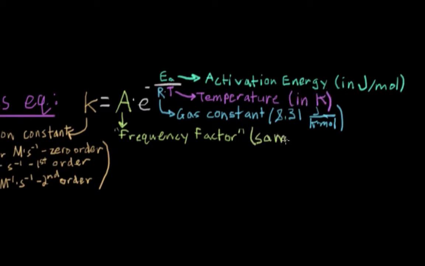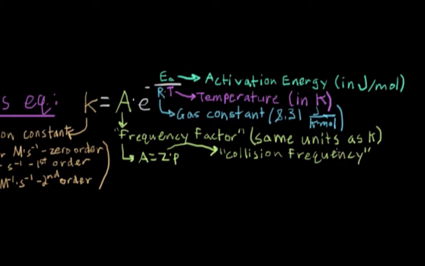And then we have this frequency factor. Frequency factor has the same units as the reaction constant K, and it can actually be broken down a little further. So the frequency factor is A, and A is equal to Z times P. Z is the collision frequency, and what that can tell us is how often a collision results in a successful reaction.